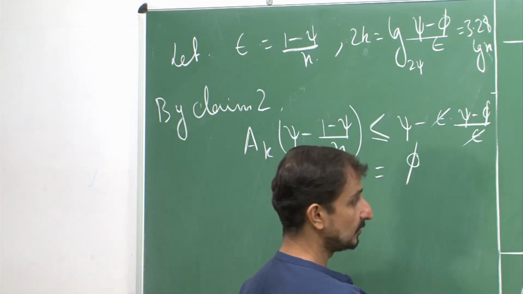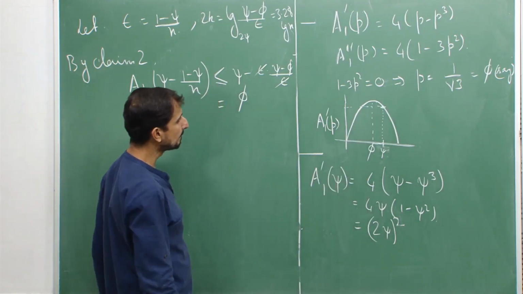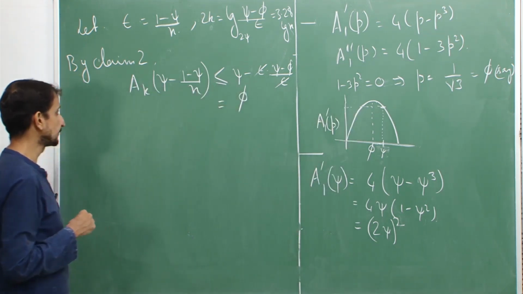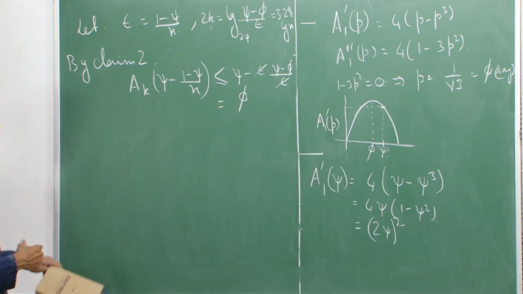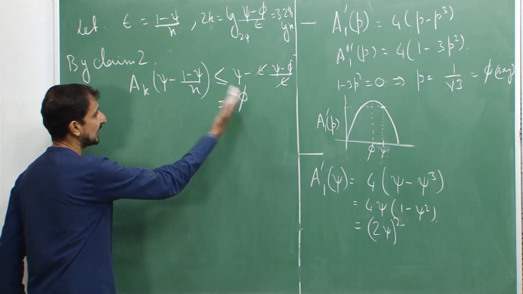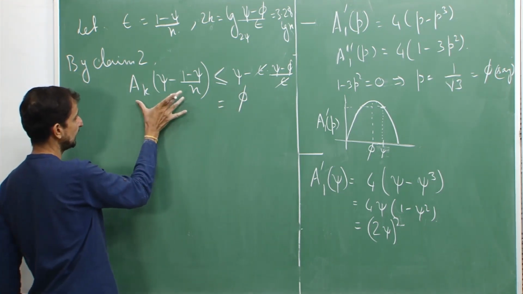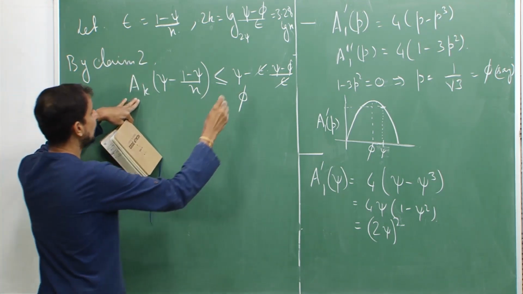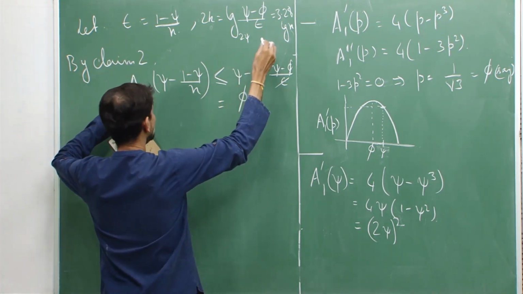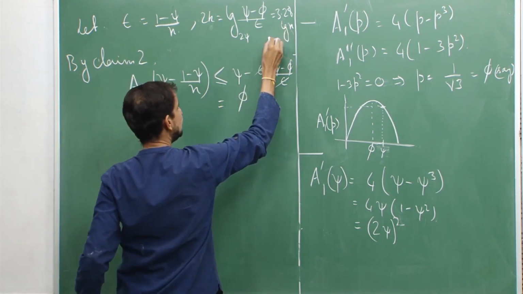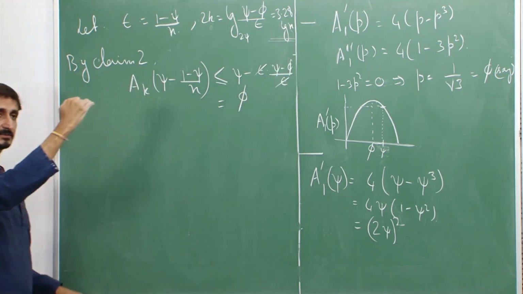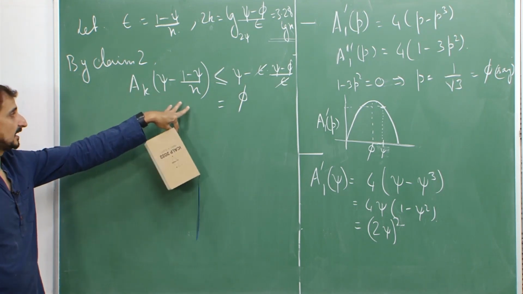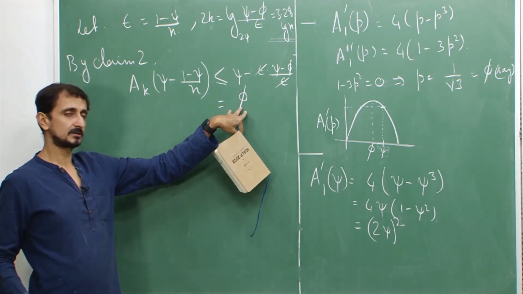We know that the value of phi is 1 over root 3, so it is like 0.58. Now, observe what happens if I apply a k again to this equation. By the claim, in these many levels, the output value of a k for this argument would be at most phi.